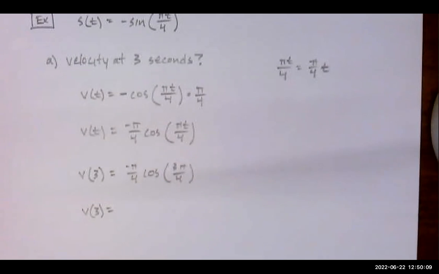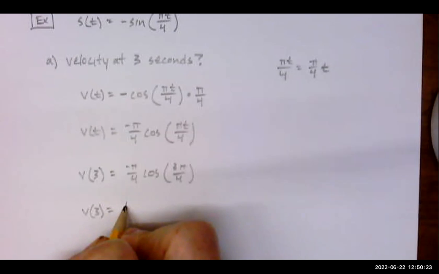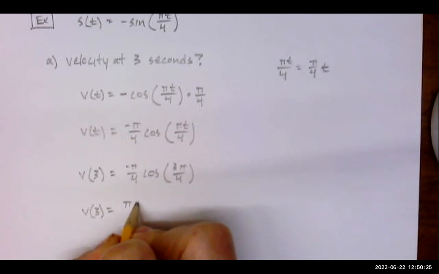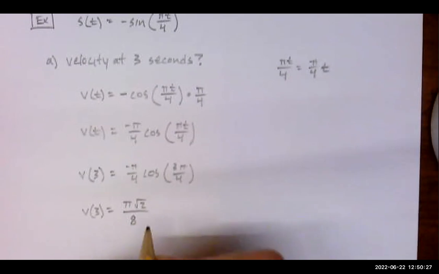What's the cosine of 3 pi over 4? This is negative root 2 over 2. If we multiply that by negative pi over 4, we'd get positive pi root 2 over 8.